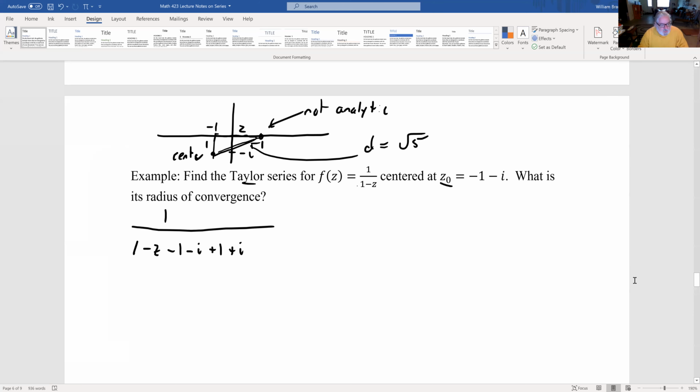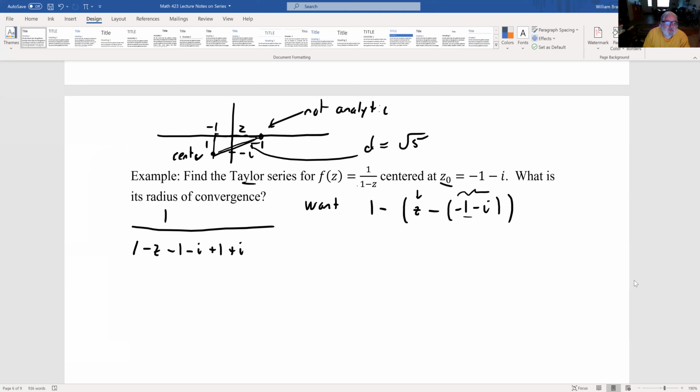We haven't changed anything, because this all just adds up to 0, so it's 1 over 1 minus z. I get a little confused by minus signs. So what I want in the bottom is 1 minus the quantity z minus 1 minus i. Lots of minus signs, we have to be careful about them. So this is the variable, and this is the center. So it should be z minus the center. That's what we're always trying to do.